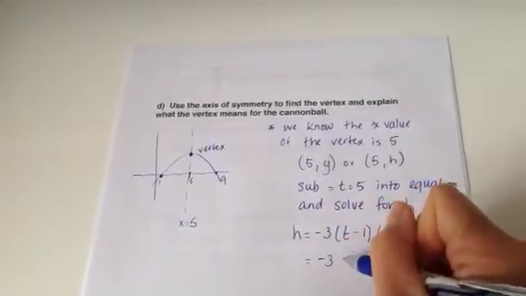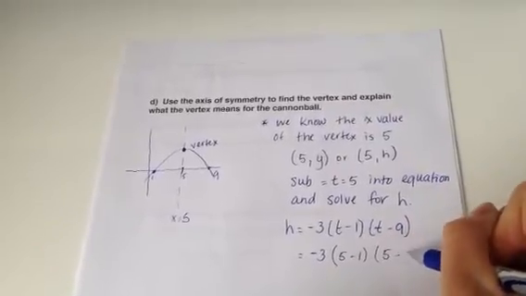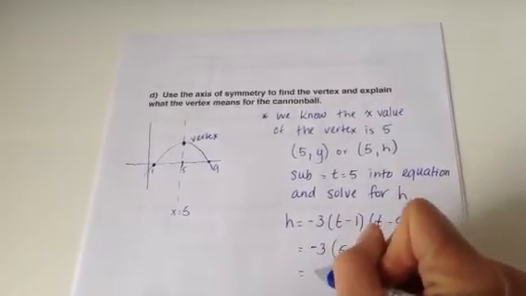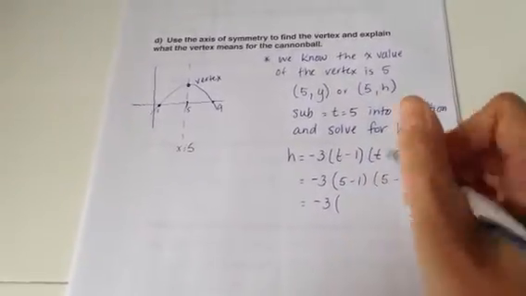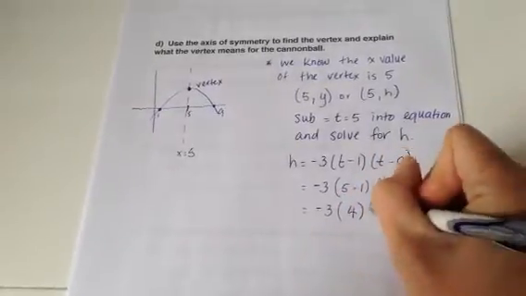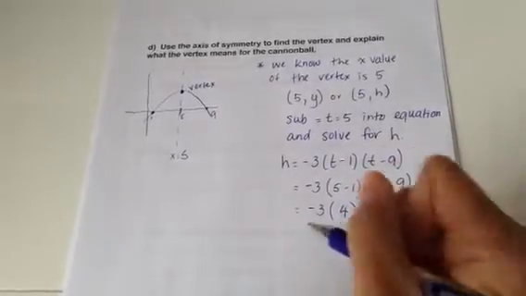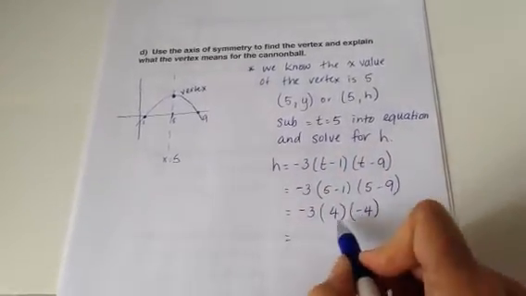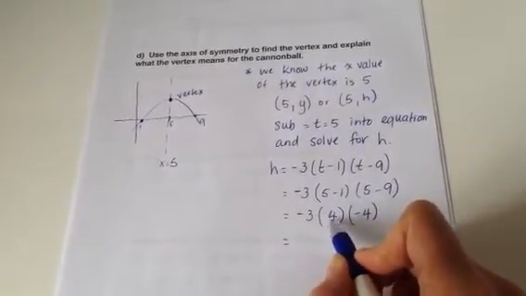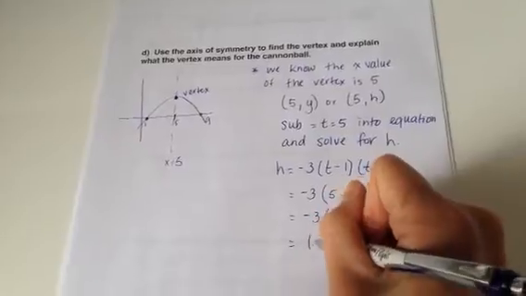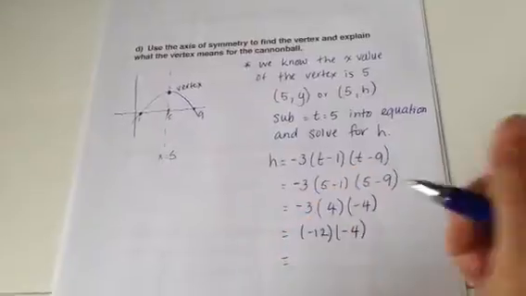So -3, we'll put in our 5 for our t, 5 for our t again, and then solve. So first solve for your brackets. 5 minus 1 is 4. 5 minus 9 is -4. We have -3 times 4 is -12, times -4.